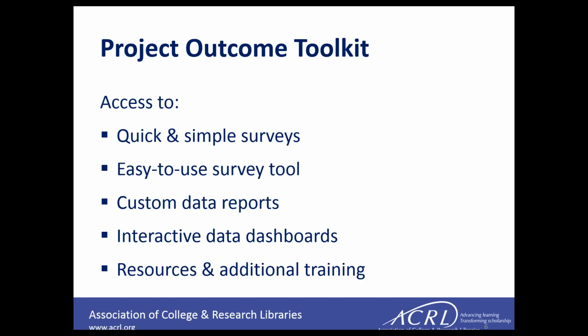And there are other advanced measurement tools that are out there. I think what we're really trying to do here is help support libraries that have a variety of different types of outcome measurement needs that may not have the capacity or the training or the ability to move down a super advanced survey measurement path.